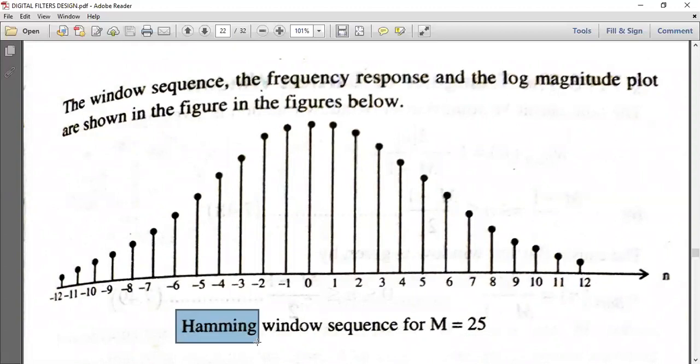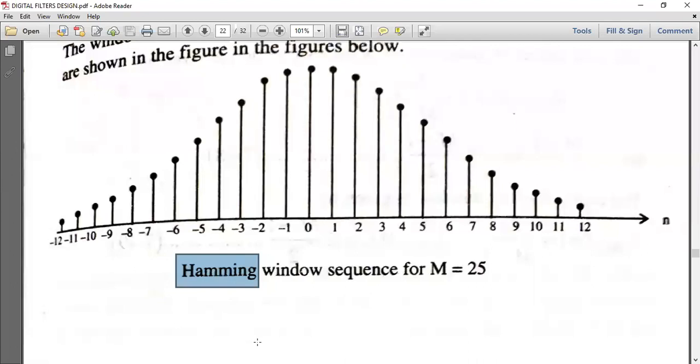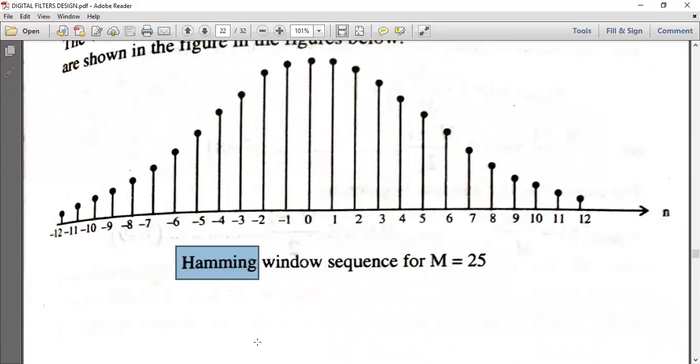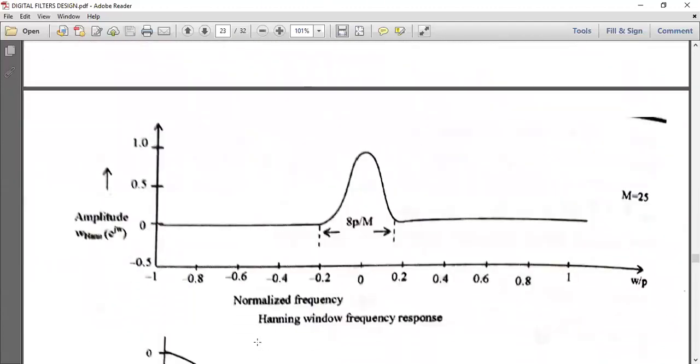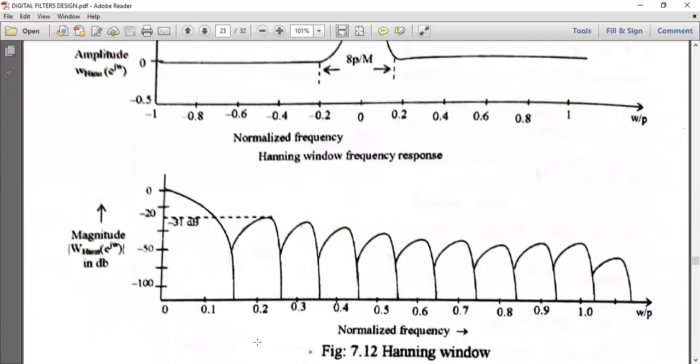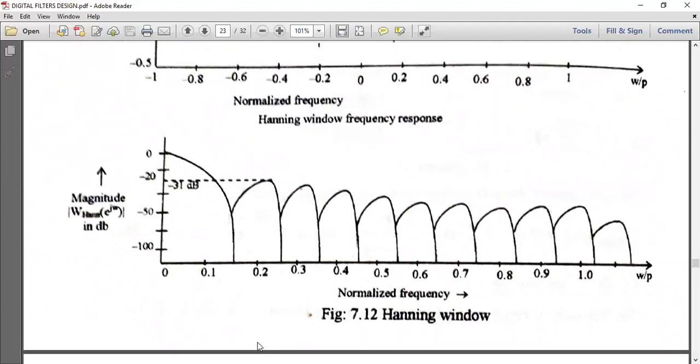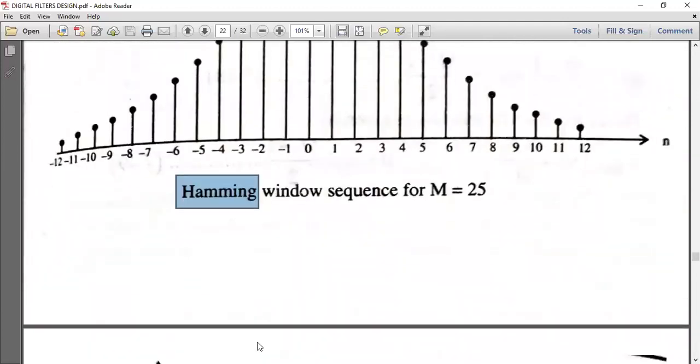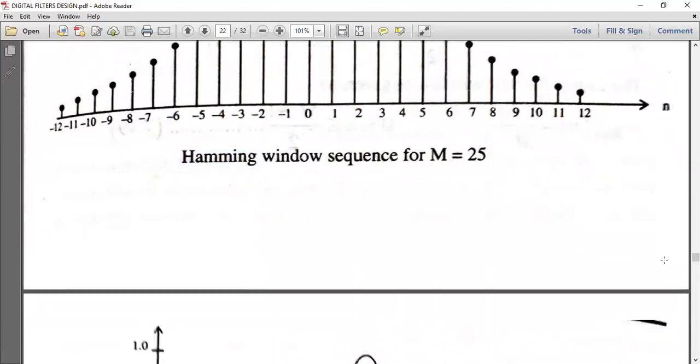Actually, both diagrams are the same. The windowing diagrams are the same for both the Hamming and Hanning windows. So this labeling is wrong in the book. It will be the Hanning window. I just took the snapshots from the book. Okay, so this is about the frequency response, and this is about the log magnitude response of the Hanning window. Clear? And it is written correctly here, but this one will be Hanning.